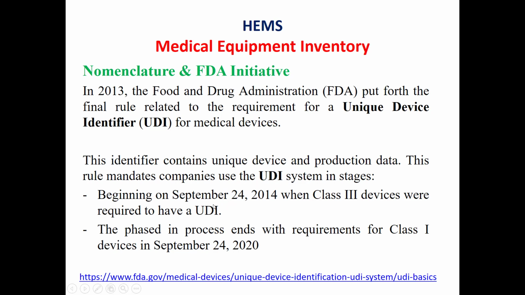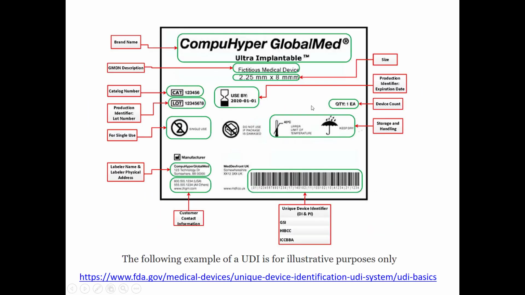The first stage started on September 24, 2014, and will end on September 24, 2020. This is an example of the UDI, which has been proposed by the FDA.